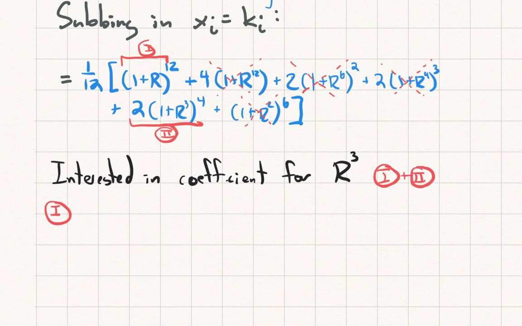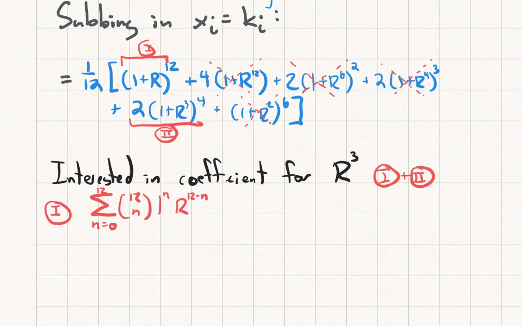Okay, so for 1, we want the coefficient for r cubed. So remember, the binomial theorem says we're going to go from n equals 0 to 12 of 12 choose n, 1 to the n r to the 12 minus n.